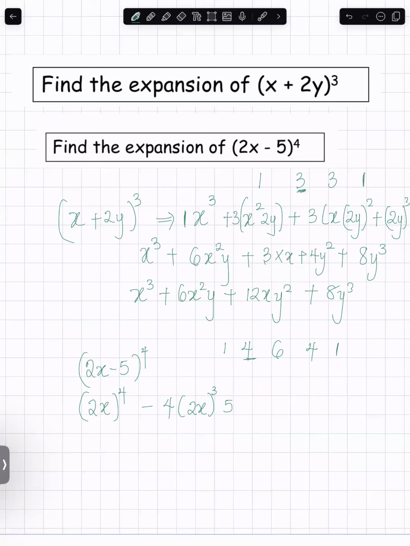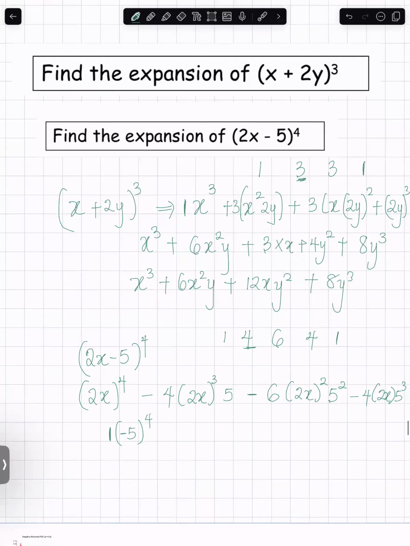Then followed by plus 6 is the third number for your expansion, raised to what? 2x squared. Then we have 5 squared. Okay, then we have minus 4 into what? 2x becomes just 1. Then we have 5 cubed. Then we have 1 into what? Minus 5 raised to the power of 4. So you can expand this and you get the answer on that.